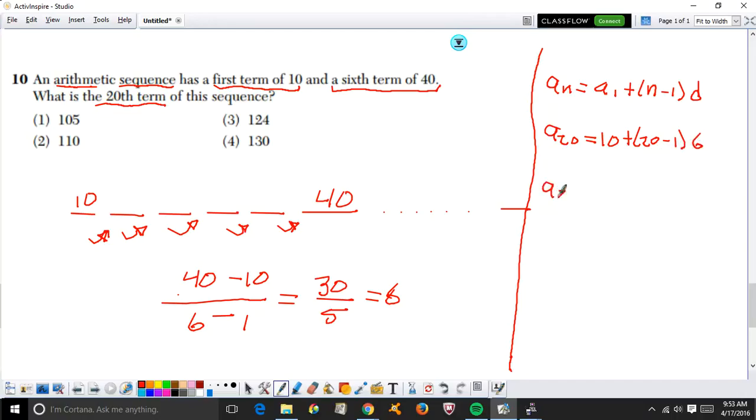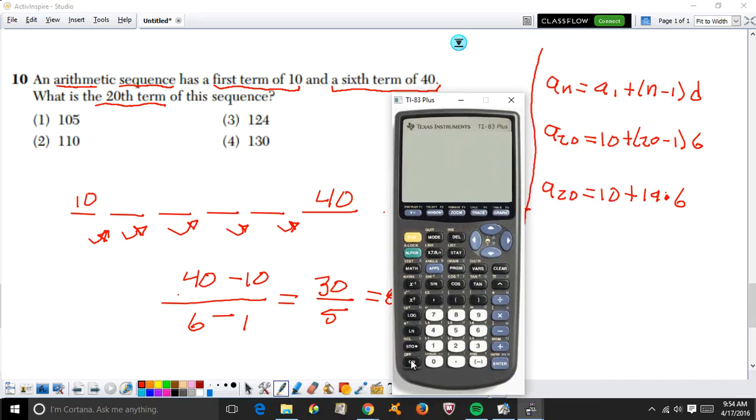So a20 is equal to 10 plus 19 times 6. Let's find the value in our calculator: 19 times 6 plus 10. So we get 124, which means our correct answer is example 3.